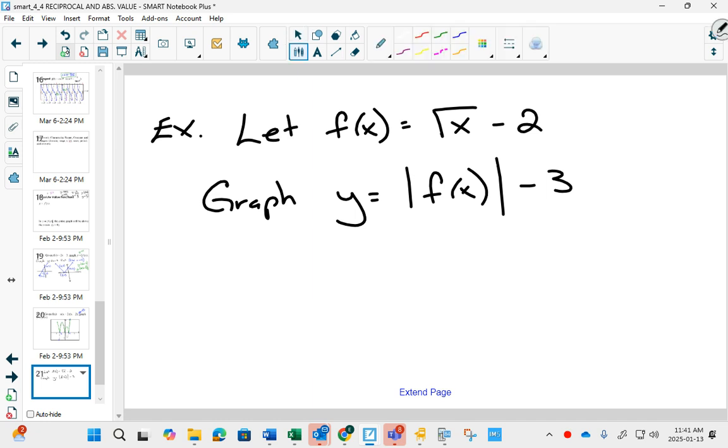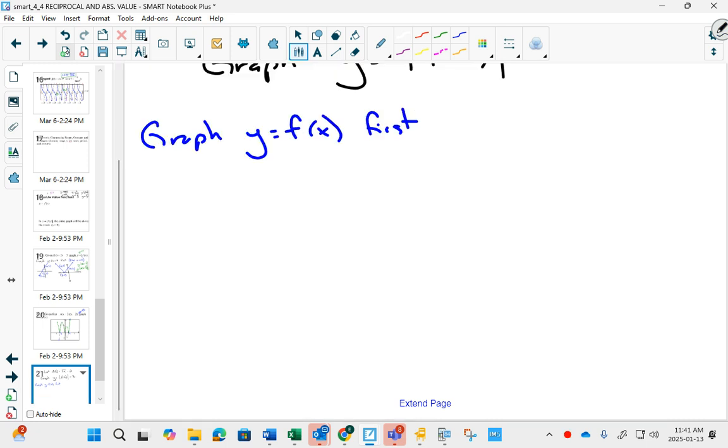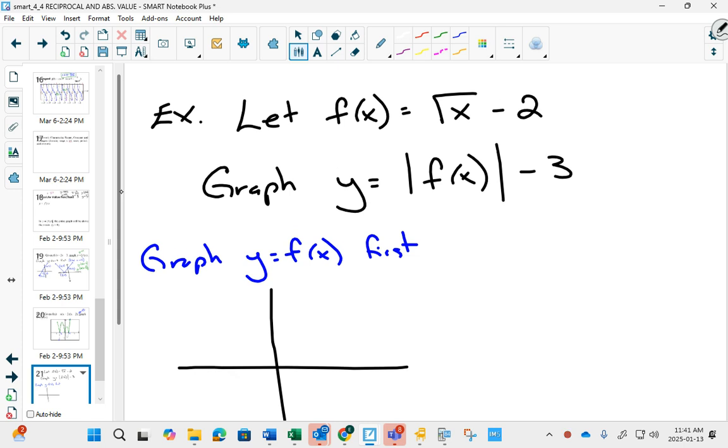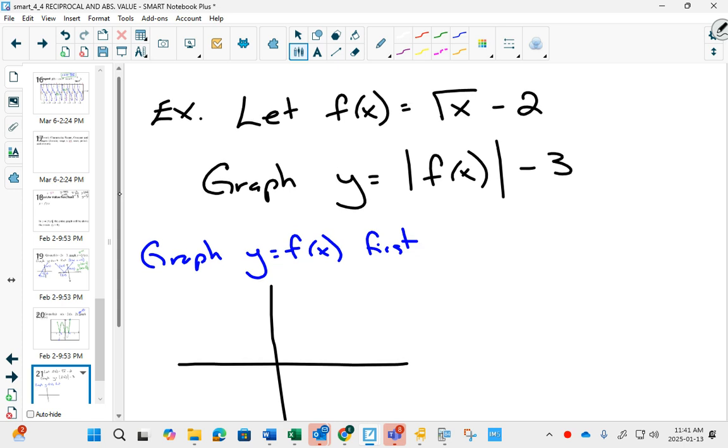So as far as, well, how do I graph the absolute value? My very first step is I'm going to graph y equals f of x first. So what does that look like? It is my square root graph moved down 2 units. If I think about my square root graph, it usually has (0, 0).